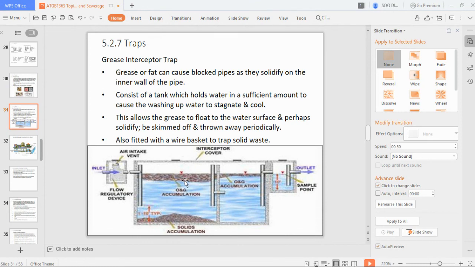So you'll be able to remove any grease and fat and any solid material in this interceptor trap. Then you have a few more and you'll be able to outlet very clean water.